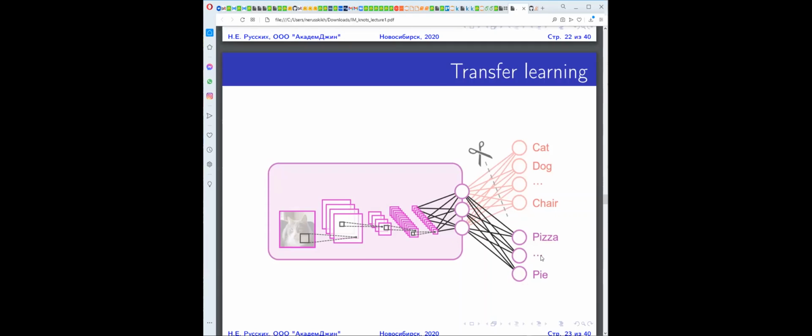And essentially, in the mathematical sense, it's just different initial weights. But for gradient descent, it's way easier to achieve a local minimum in this case, and results are often better, even if you do not touch the weights in the pre-trained part of the model.